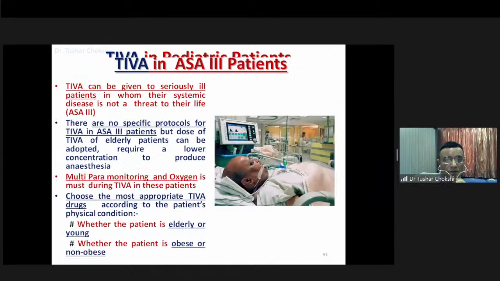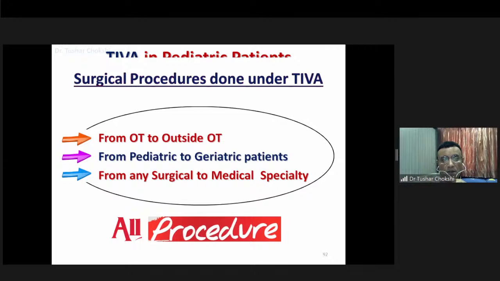Even ASA 3 patients, I can give any ASA 3 patient this TCI or TIVA practice. TIVA can be given to seriously ill patients. Multi-para monitoring and oxygen is a must. And choose the most appropriate TIVA drugs, like sometimes you can even use etomidate in these patients, whether the patient is elderly or young, obese or non-obese.